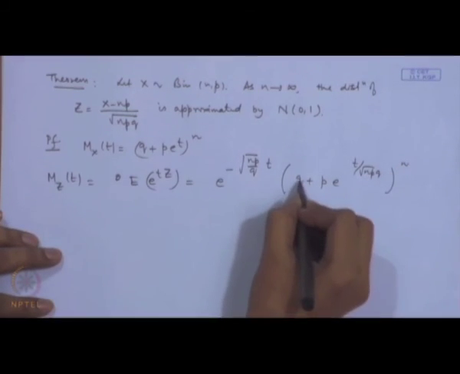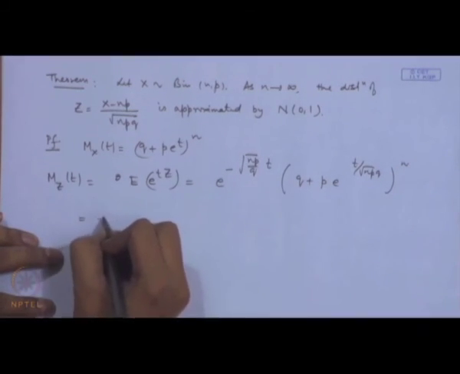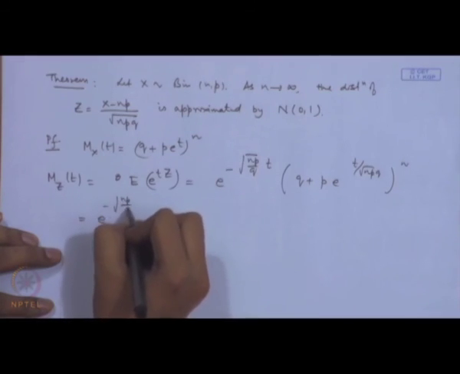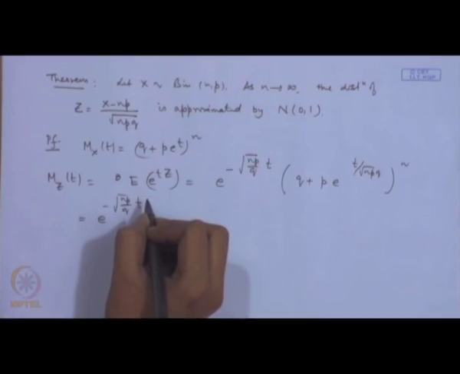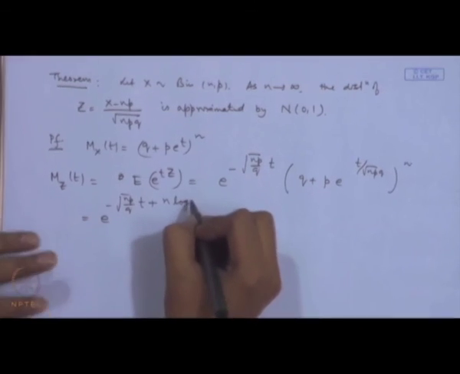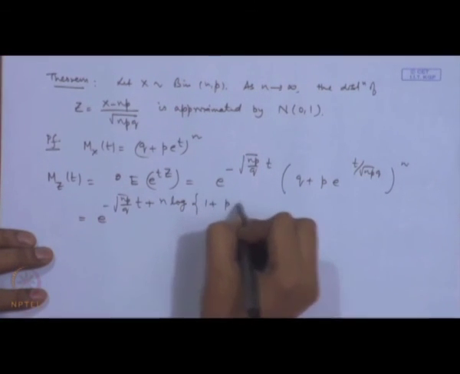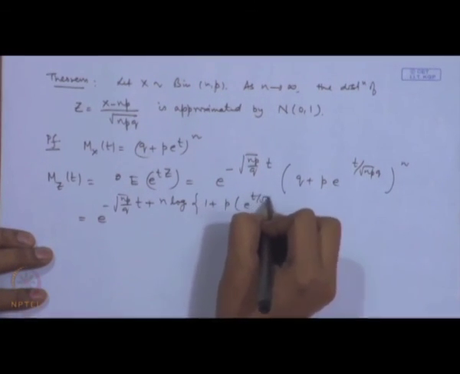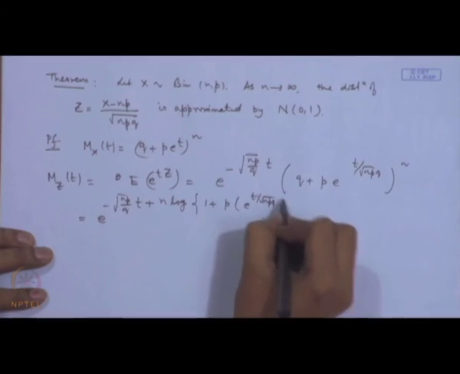Now, substitute q is equal to 1 minus p, this becomes e to the power minus root n p by q t plus n log (1 plus p (e to the power t by root n p q minus 1)).